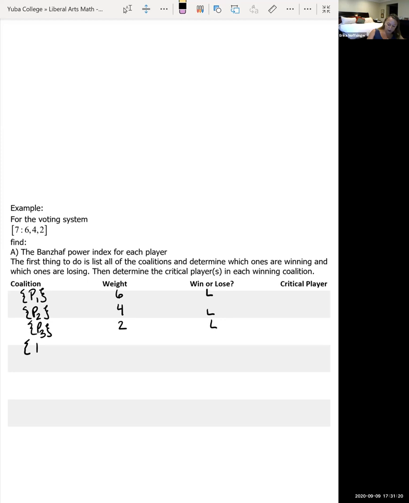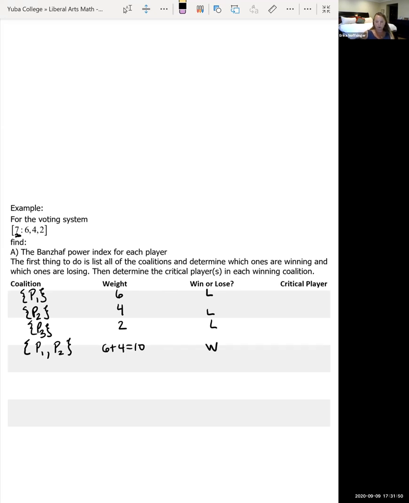So we know that one-player coalitions aren't winning, so let's look at all the two-player coalitions. We could have player 1 and player 2. We're not talking about order here, so this is the same as player 2 and player 1 coming in. Player 1 is 6, plus player 2, which is 4, gives a weight of 10 for that coalition. Our quota is 7, so this is a winning coalition.